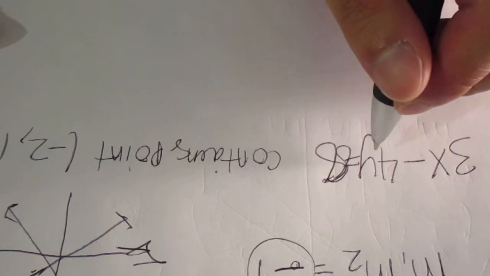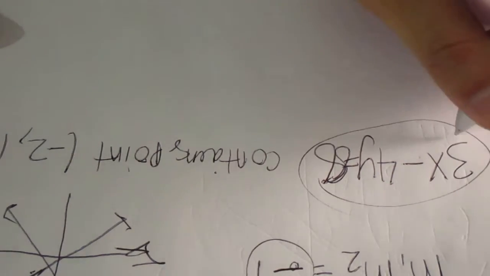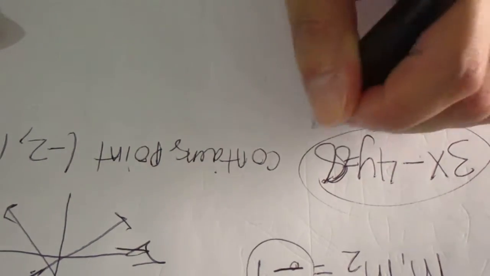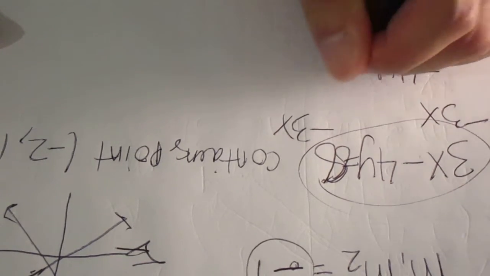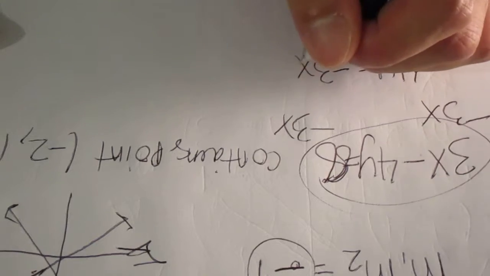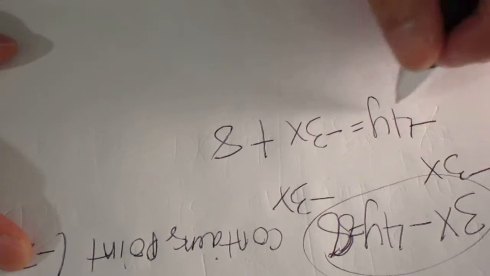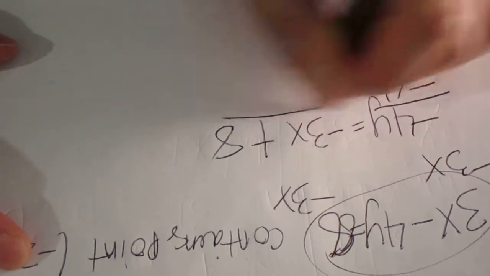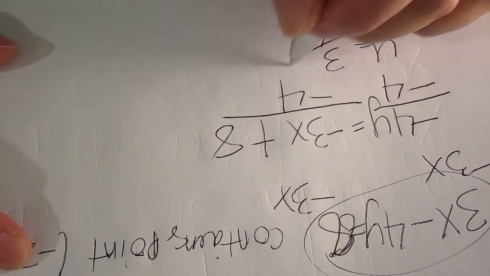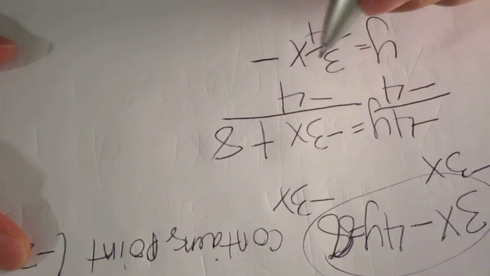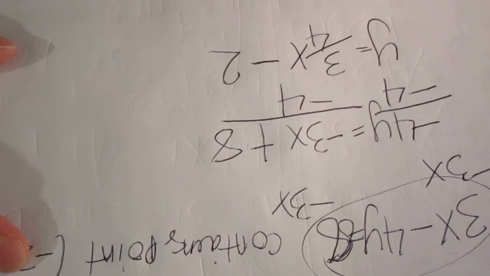First step is make this equation into the y equals mx plus b form. So subtract 3x from both sides, so you get negative 4y equals negative 3x plus 8, and then divide that by negative 4. So y equals 3/4 x minus 2, because 8 divided by negative 4 is negative 2.